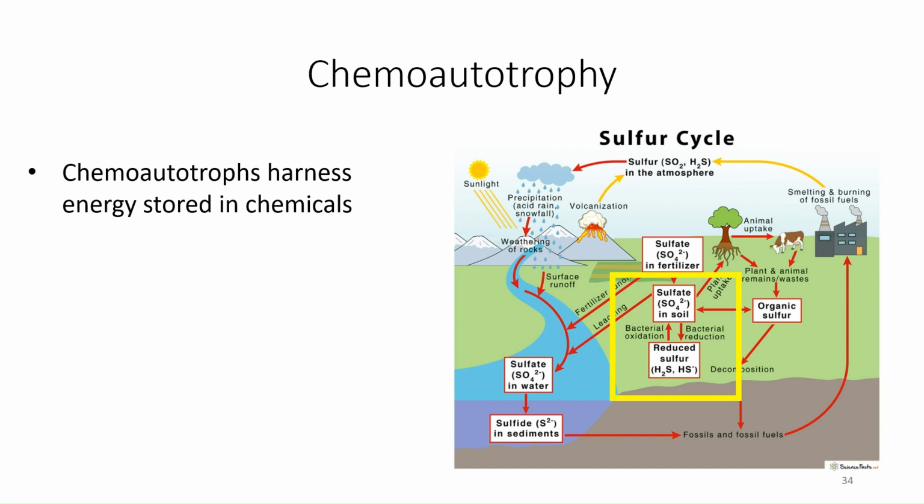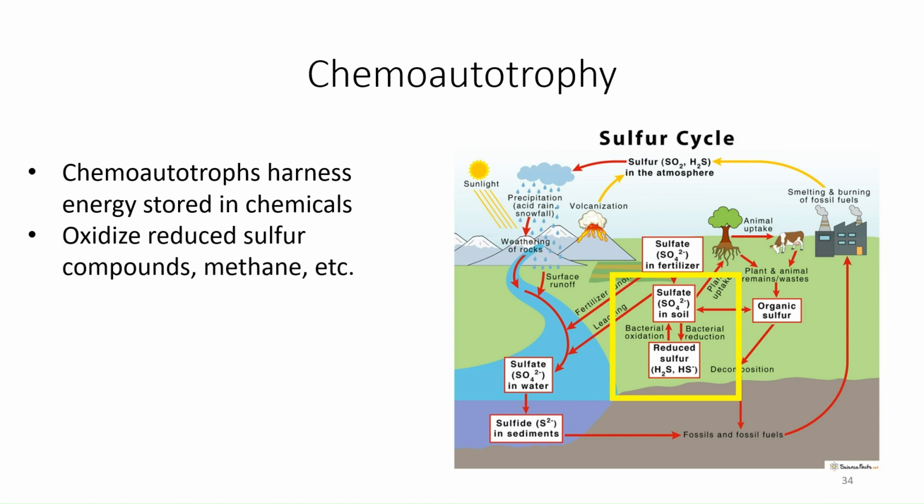So again, chemoautotrophy, to recap, harnesses energy stored in chemicals. In this example in the middle, in this yellow box, we can oxidize reduced sulfur, or in other examples, methane or ammonia, which is NH4.